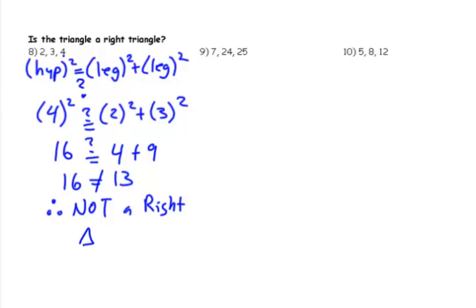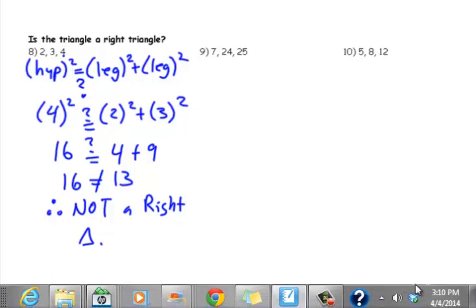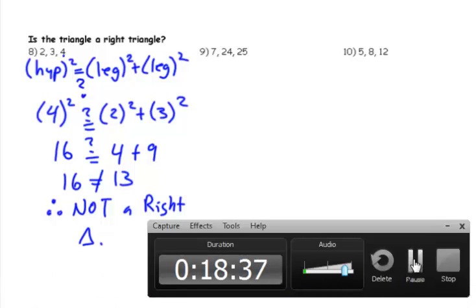If it was equal, they would be a right triangle. But in this case, it's not. What I'd like you to do is push pause on your video and try the next two. Are those going to be a right triangle? And we'll come back in a minute and check those answers out.